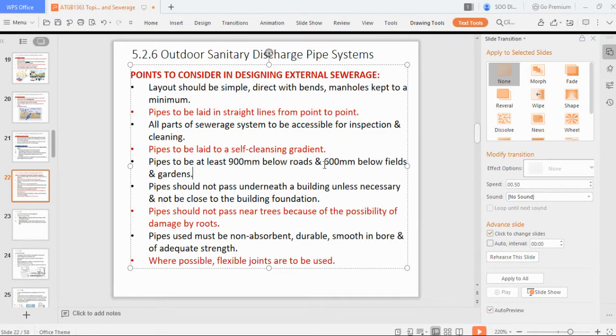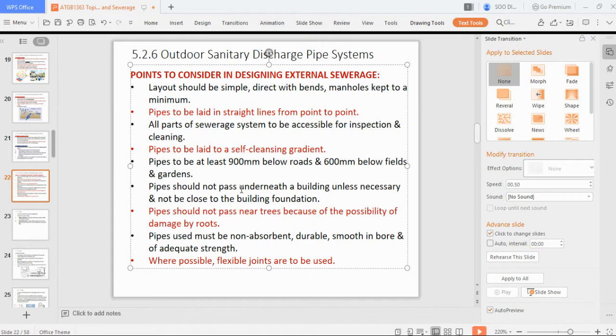And then you do not want to have your pipe passing underneath a building and not close to the building foundation. Your sewage piping should never pass underneath a building. You want it to be under the road or next to the road.